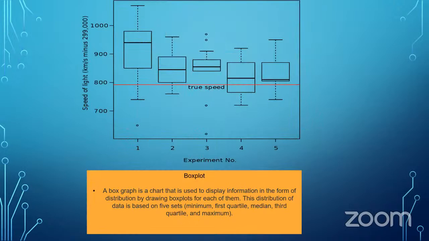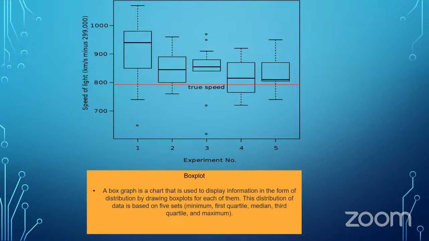Minimum, first quartile, median, third quartile, and maximum. So median, you can write down as second quartile. So this is the minimum, and this is the first quartile, this is the second quartile, or the median, and this is the third quartile, and this is the maximum.